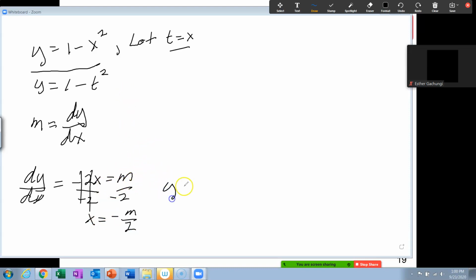So y is equal to 1 minus, and when you square minus m over 2, you get m squared over 4. So there's your y. x equal this, y is equal that. Your parameter is your derivative, or your slope, m. So x equal minus m over 2, y is equal to 1 minus m squared over 4. That's the set of parametric equations.